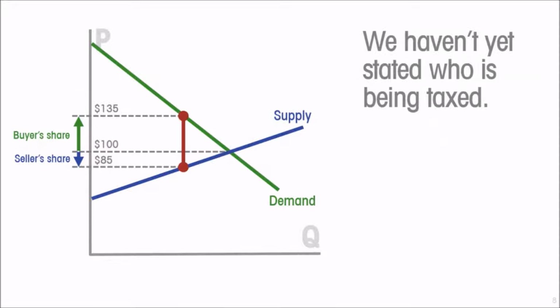Alternatively, this tax could be levied directly on the producer. So as the producer produces it and ships it off for sale, he has to remit the tax to the government. So both of those are different ways of taxing this activity of producing and consuming drinks.